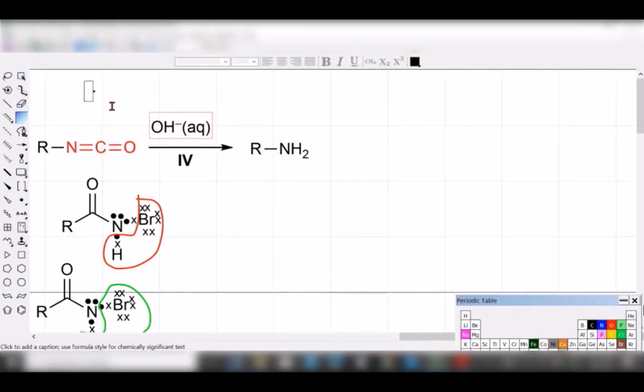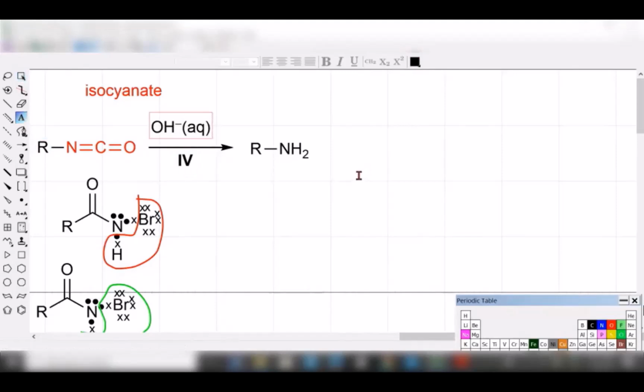In case I Google this, okay, isocyanate. It's a very important functional group in the polymer industry. Then again, of course, the question is, why is it important?